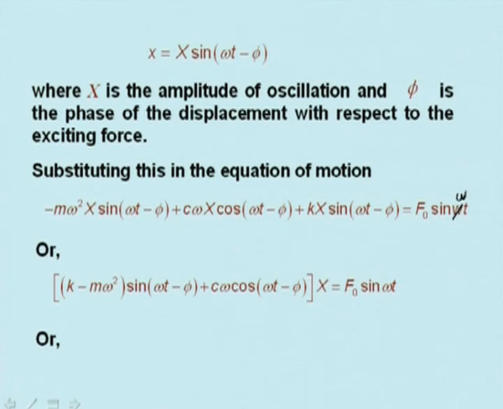Or, k minus m omega square times sin omega t minus phi plus c omega cos omega t minus phi, into X, is equal to F0 sin omega t. That is the expression we got, and we have to find the expression for X.